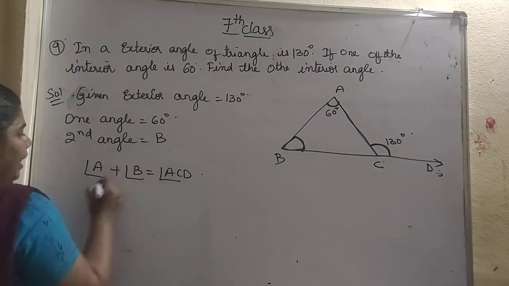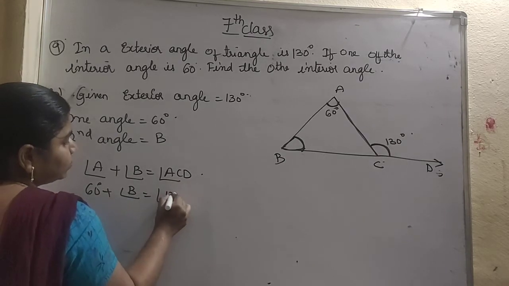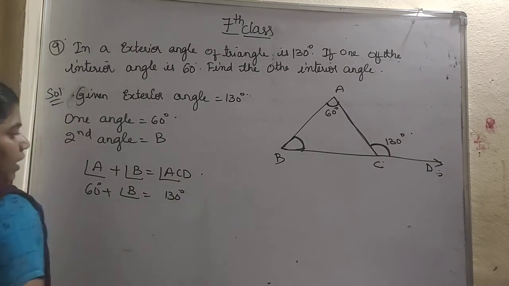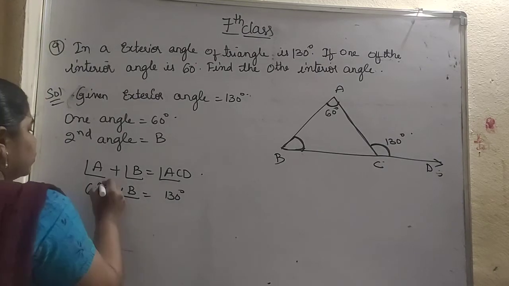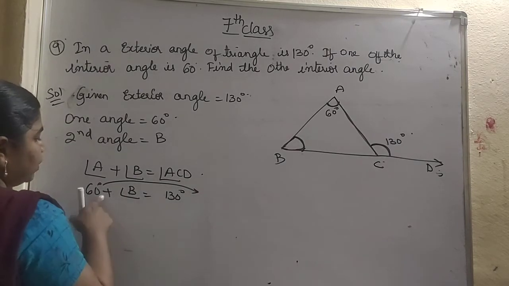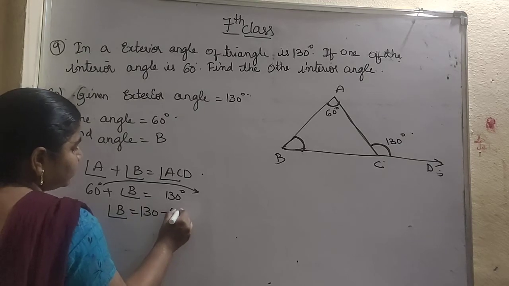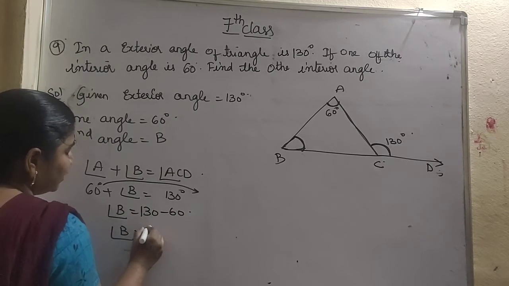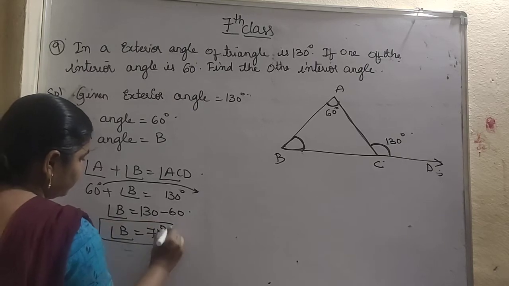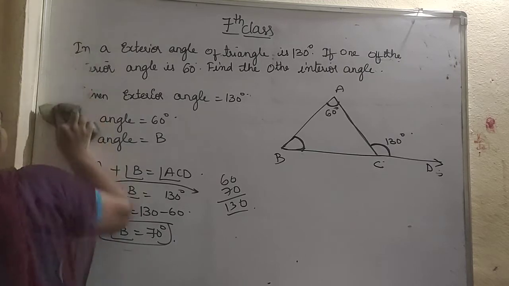Angle A is 60 degrees, angle B we have to find, and ACD is 130 degrees. If I transpose the 60 to the other side, it will be converted to subtraction because it is in the form of addition. So angle B is equal to 130 minus 60, which is equal to 70 degrees. So next is the 10th problem.